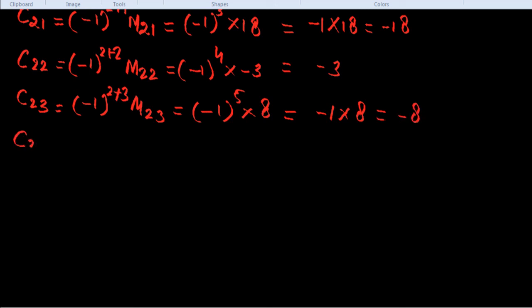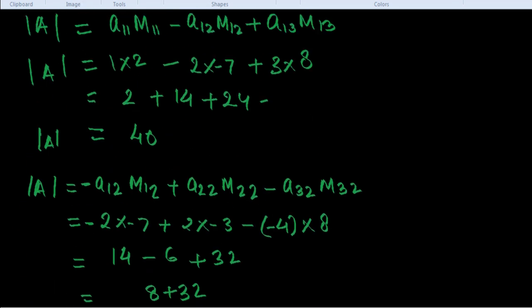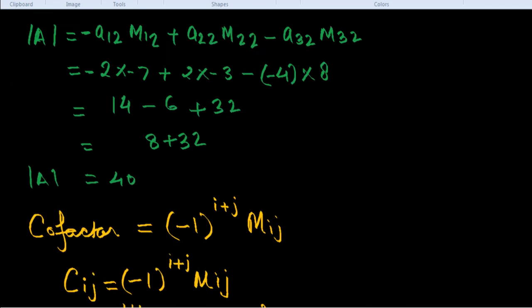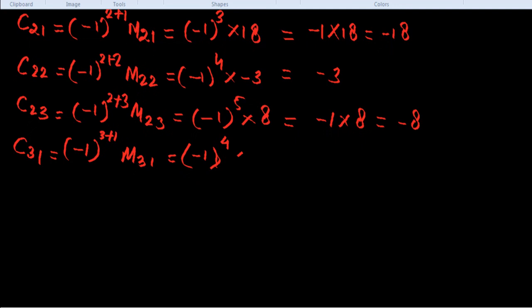Now C31 is minus 1 to the power 3 plus 1 into M31, it is minus 1 to the power 4, and M31 we have the value here, M31 is minus 8. We have to put here minus 8 again, and it will become minus 8 only because it is an even power.